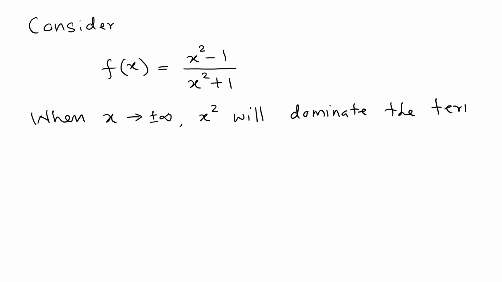This is the very interesting situation. If you look at the numerator, it is x squared minus 1. When x is large, x squared is really large, so subtracting 1 doesn't make much difference. The same thing happens at the bottom. With x squared plus 1, x squared is really large, so the plus 1 you can neglect.